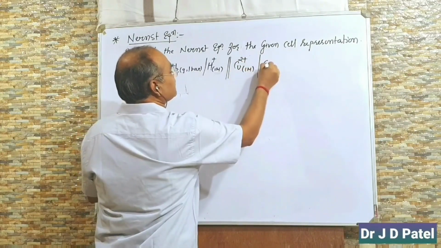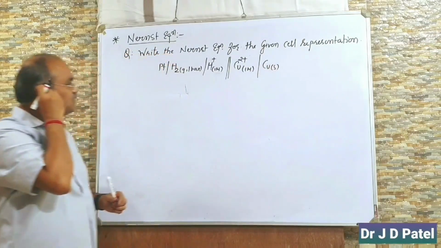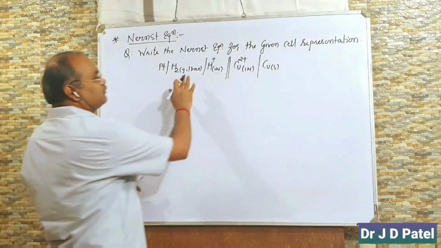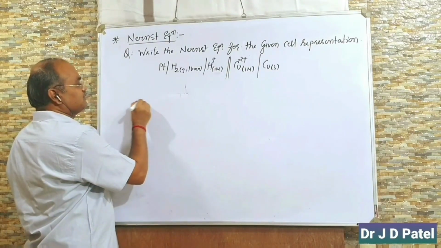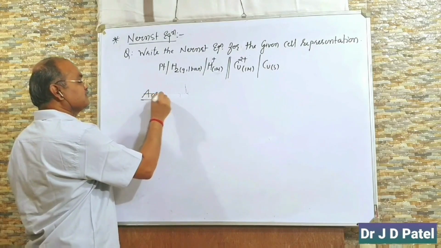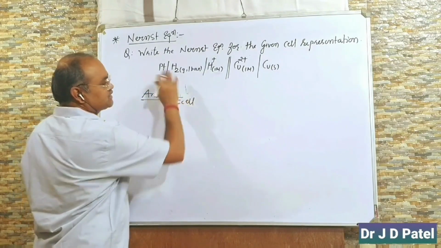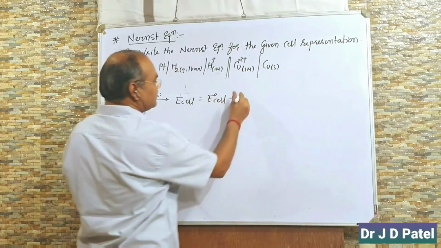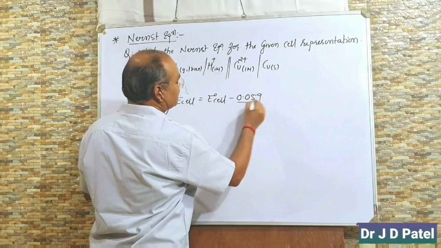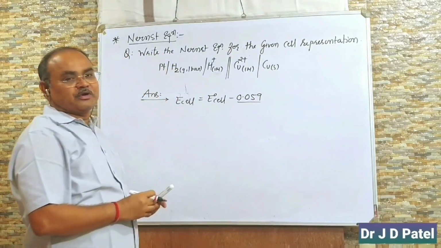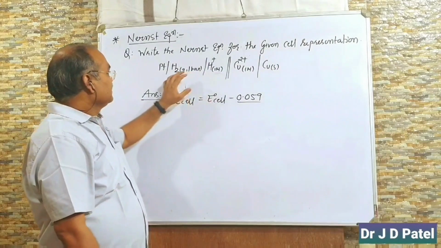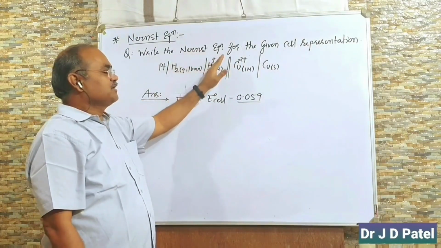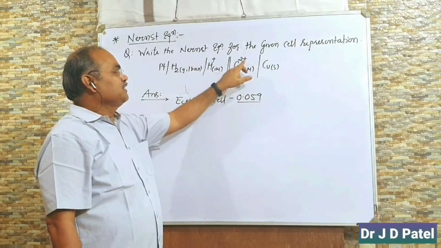Now how will you write the Nernst equation for this? For this, the same concept. The answer will be E cell, because it is a complete cell, is equal to E0 cell minus 0.059 by. Now the important point is, how will you write the electrons? Here if you think the electron is 1, because H2 is converted to H plus, 1 electron is transferred. Here there are 2 electrons transferred. So whenever these types of questions are asked, you have to write the equation.